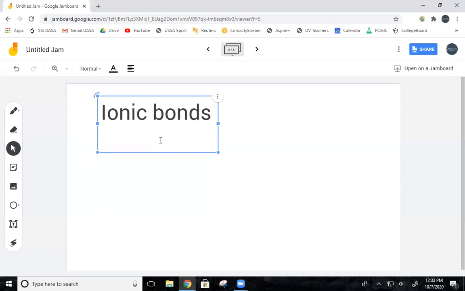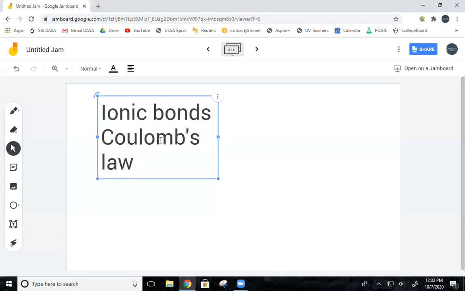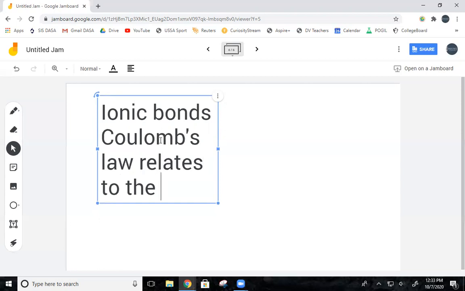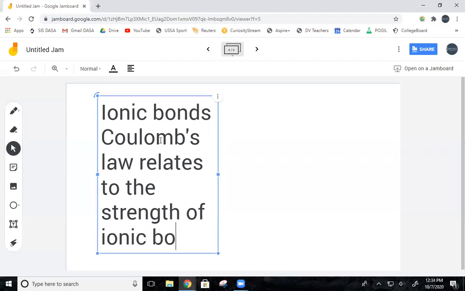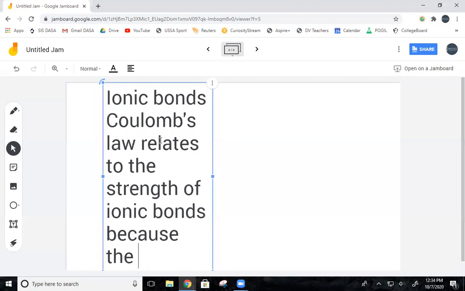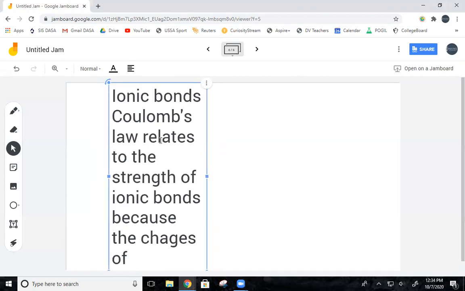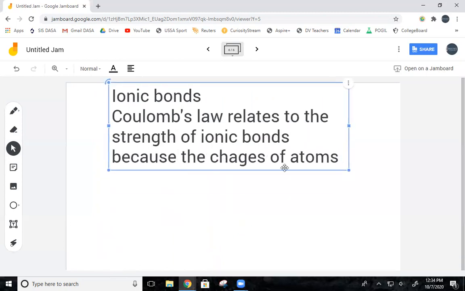So ionic bonds, Coulomb's law relates to the strength of ionic bonds, because the charges of the atoms are like the electronegativity, right?